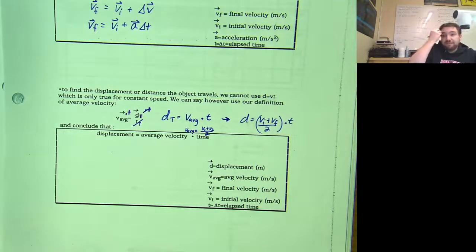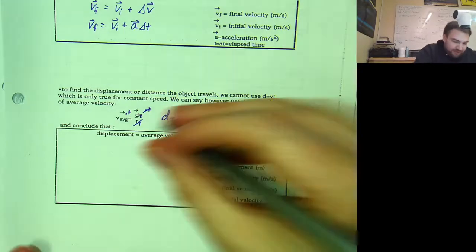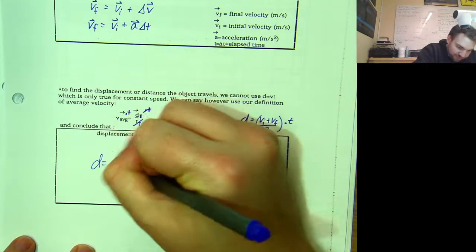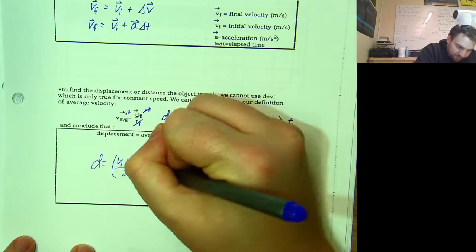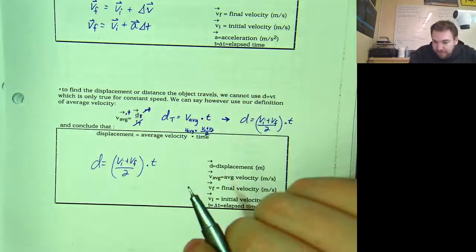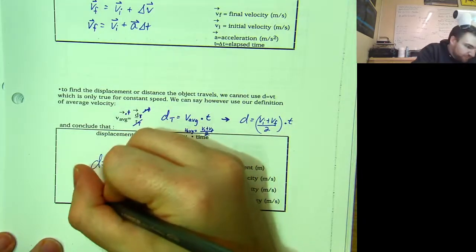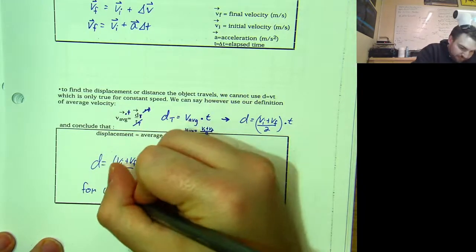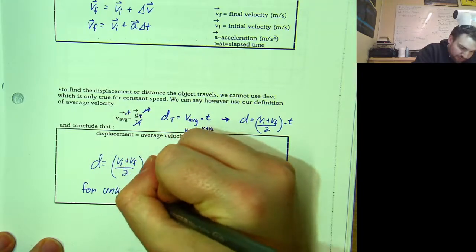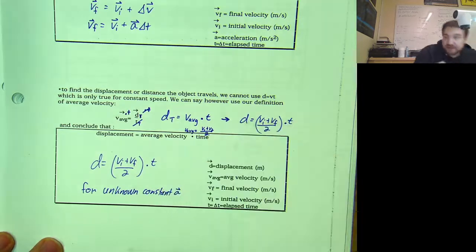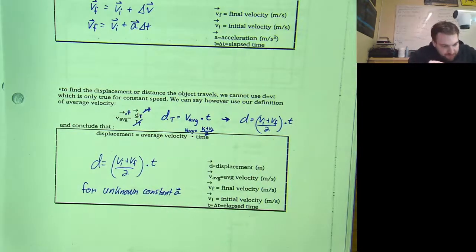That's where that guy comes from. We know the acceleration is constant, and we don't know what the acceleration is. We can use this formula, d equals vi plus vf all over 2 times t, to figure that out. So this is for unknown constant acceleration. If the acceleration is constant, we can do this.